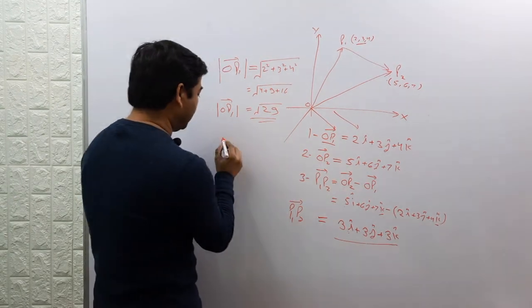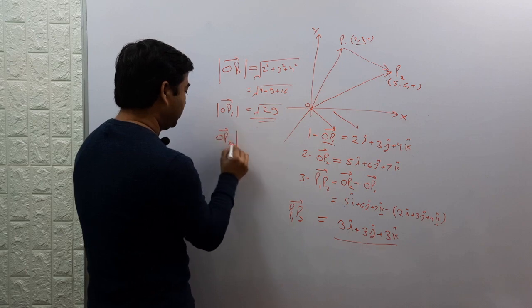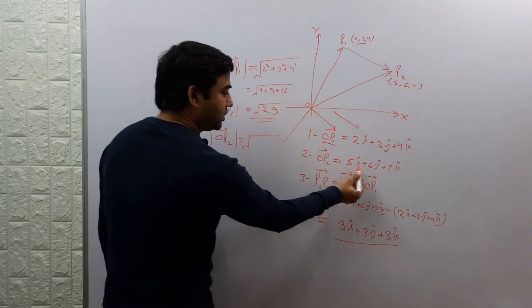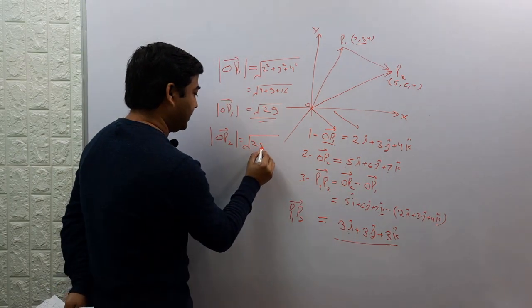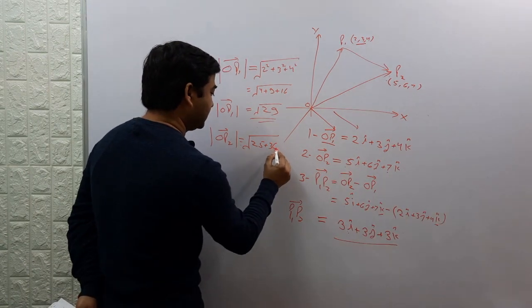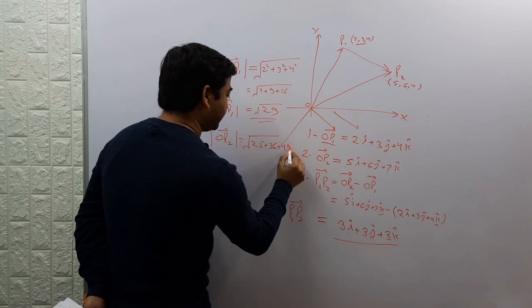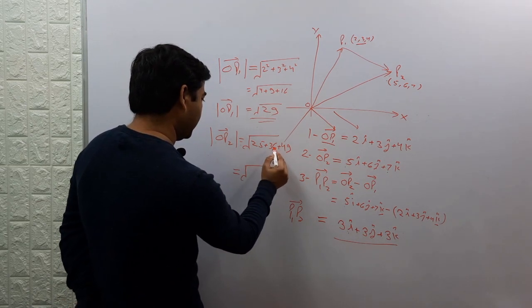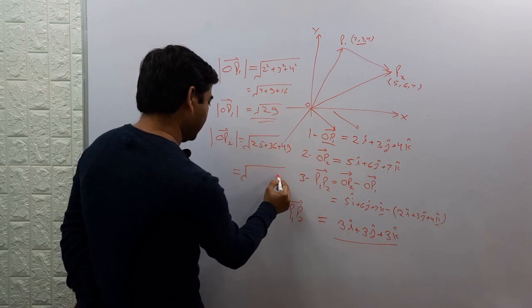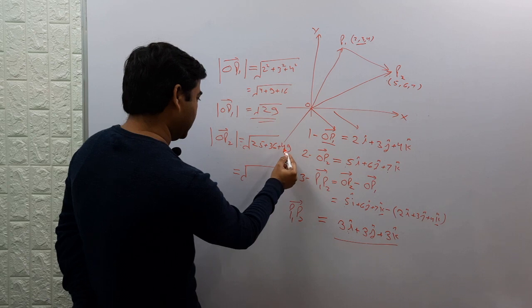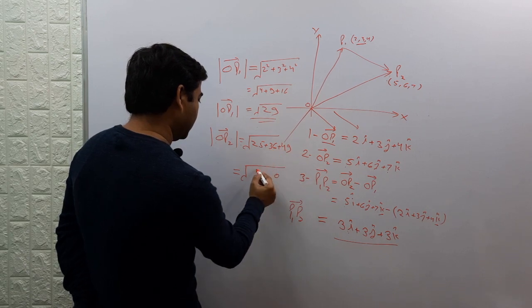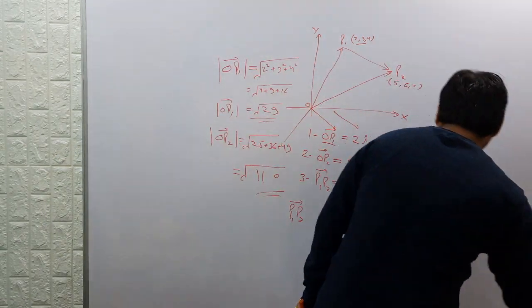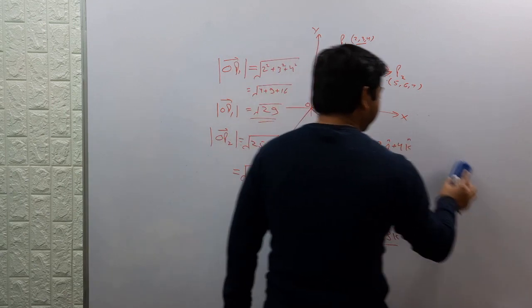Similarly, the modulus of vector OP2, 5, 6, 7, is under root x square plus y square plus z square, that is 25 plus 36 plus 49, which is 110. So this way you can find the modulus of any vector.